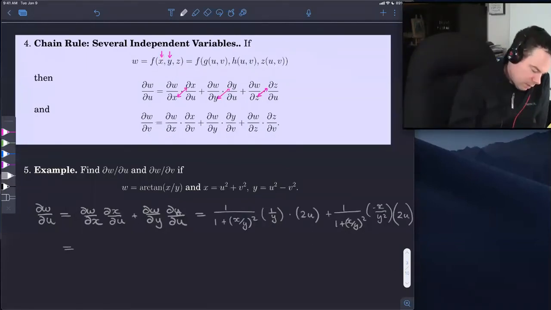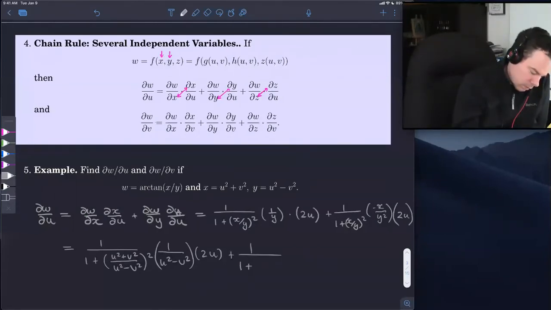So now we can put these things back in terms of u and v. So this is 1 over 1 plus (u squared plus v squared over u squared minus v squared) all squared, times 1 over u squared minus v squared times 2u, plus 1 over 1 plus (u squared plus v squared over u squared minus v squared) all squared.